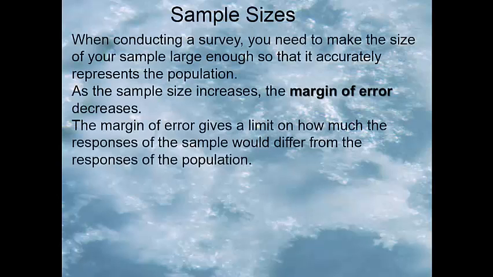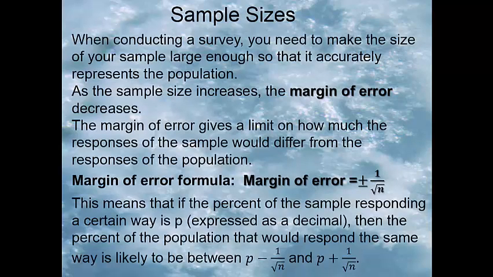Sample sizes. When conducting a survey, you need to make the size of your sample large enough so that it accurately represents the population. As the sample size increases, the margin of error decreases. The margin of error gives a limit on how much the responses of the sample would differ from the responses of the population.